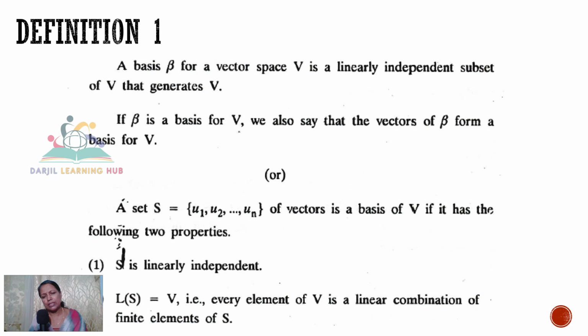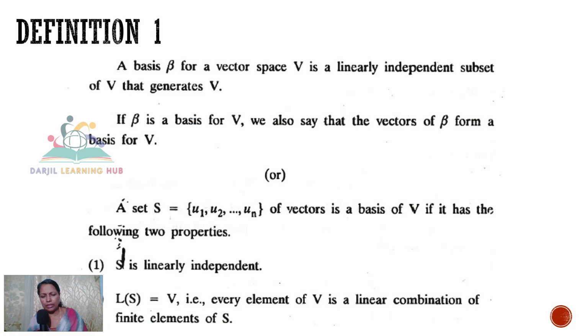If beta is the basis for V, we also say that the vectors of beta form a basis for V. Basis means it generates, with linear combinations, linearly independent subsets. Linearly independent subset means the linear combination with the scalars being all 0. Or explicitly, we can say a set S equal to u1, u2, etc., of vectors is a basis of V if it has the following 2 properties: S is linearly independent, and the linear combination of those vectors generates V, that is, spans the whole space.